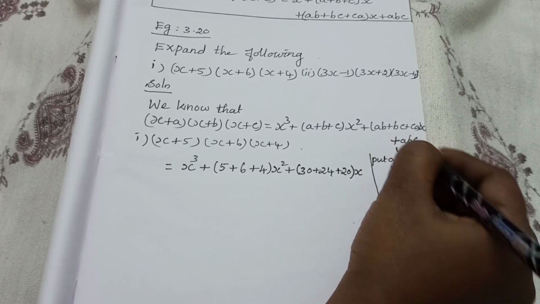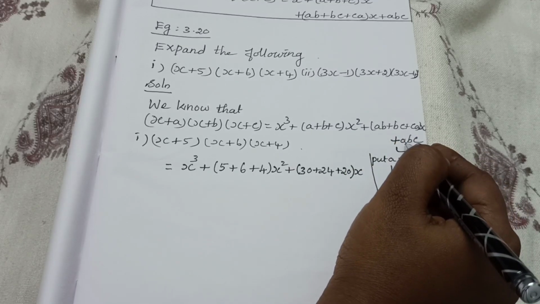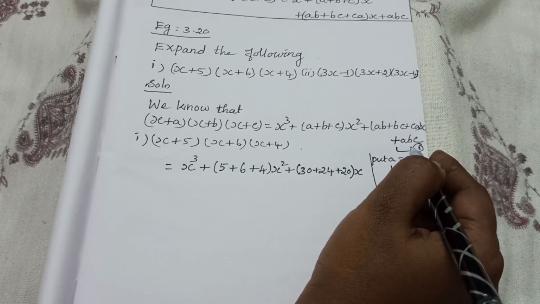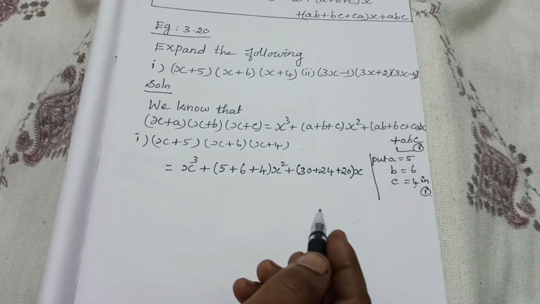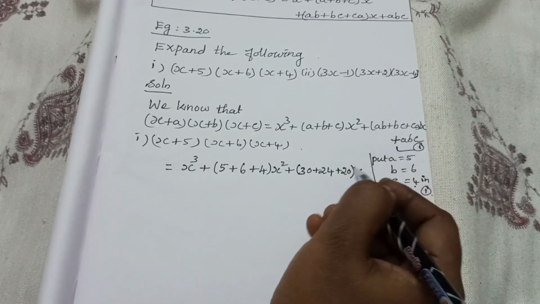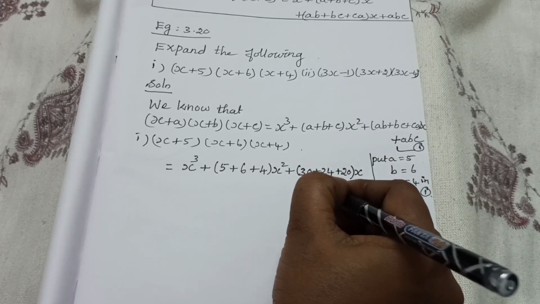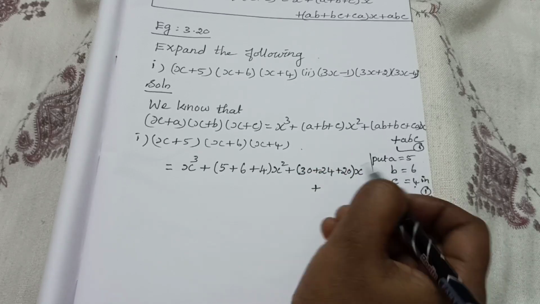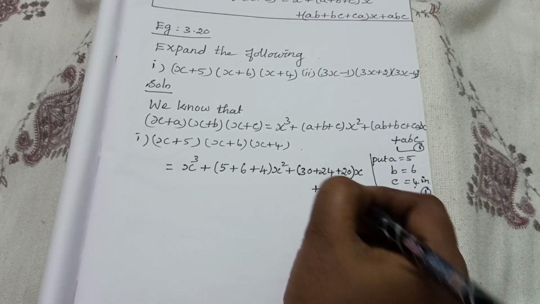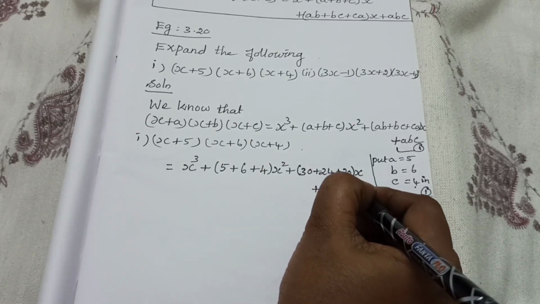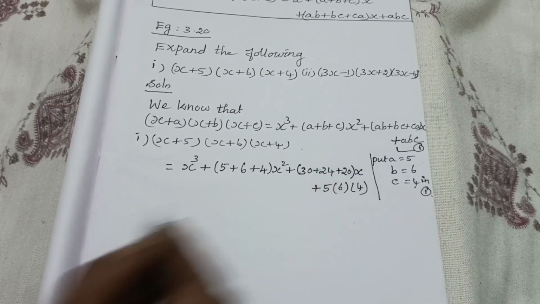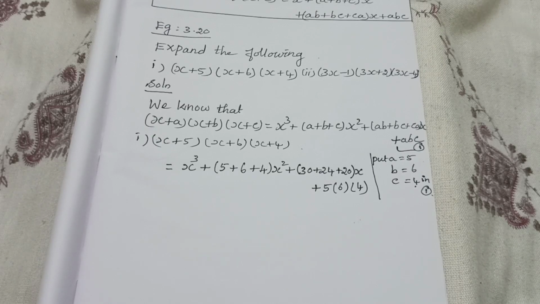Then plus a into b into c, abc. Then abc means 5 into 6 into 4. Are you clear? Any doubt?